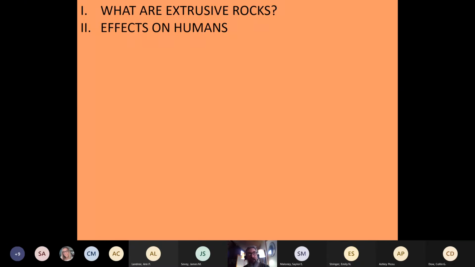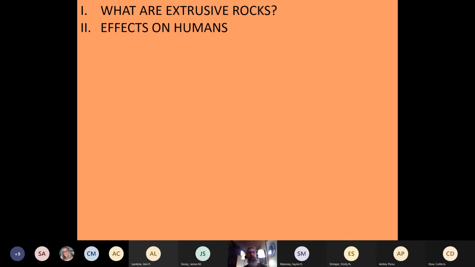So, does volcanism affect people? Volcanism has had a profound effect on people. It is responsible for some of our atmosphere composition. It's responsible for contributing water to our oceans. It builds up land. There are several island chains that have millions of people living on them that wouldn't exist if not for volcanism.